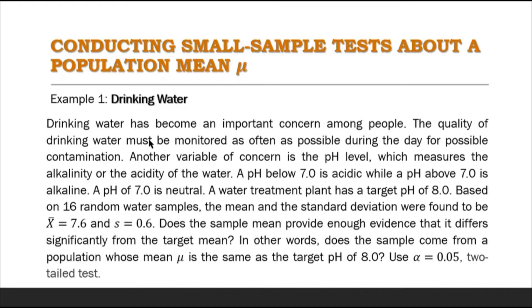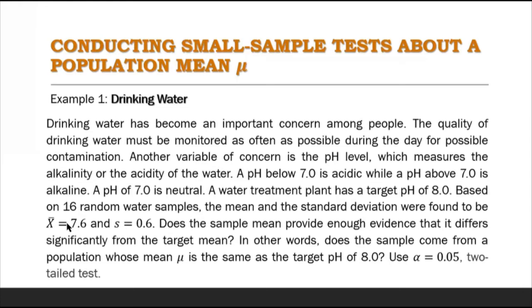A water treatment plant has a target pH of 8.0. Based on 16 random water samples, the mean and the standard deviation were found to be x bar equals 7.6 and the standard deviation is 0.6.